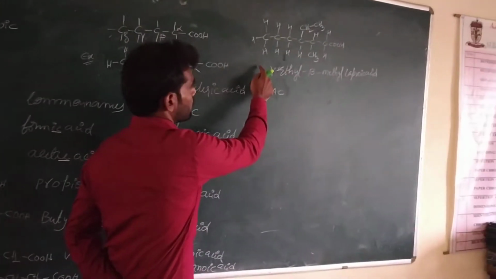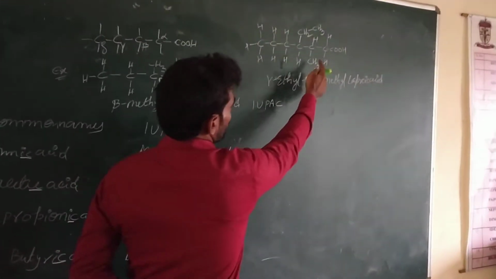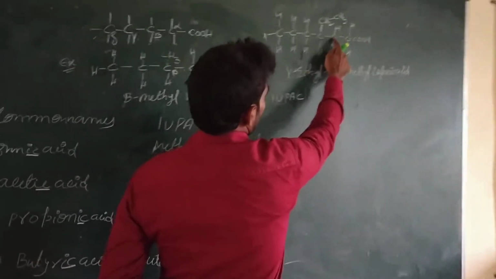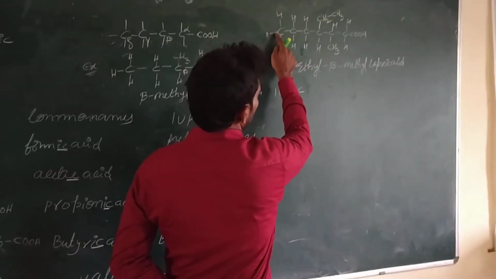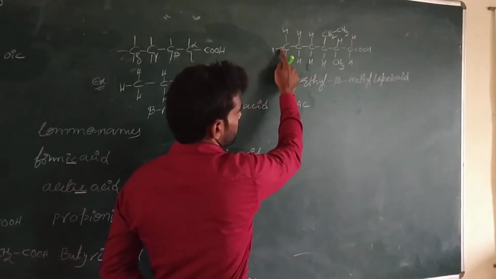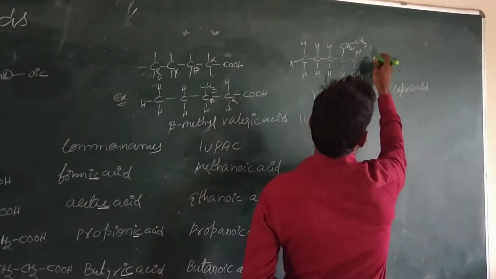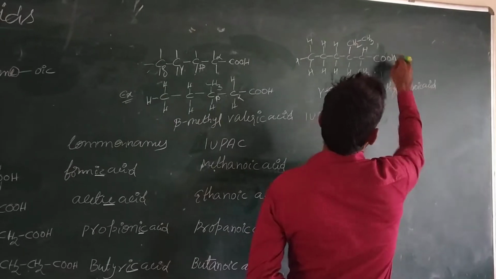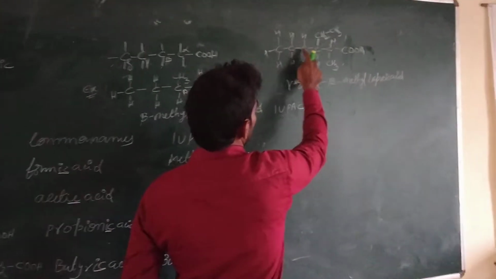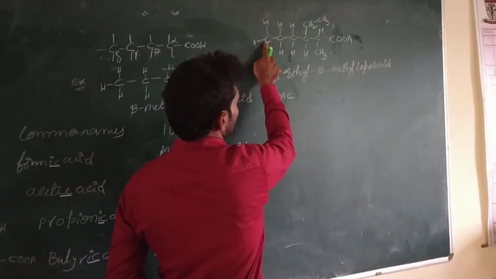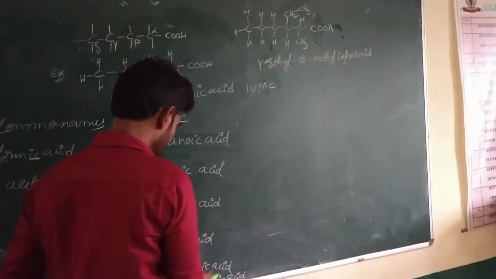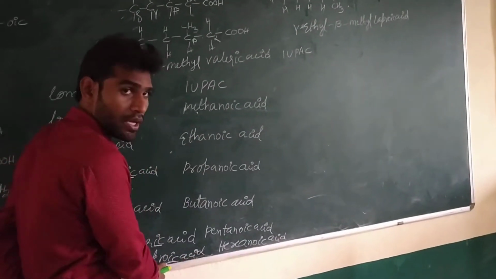If you see one more example, we have 1, 2, 3, 4, 5 and 6 carbons. 6 carbons means caproic acid.